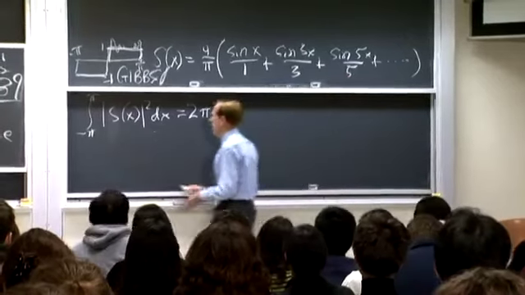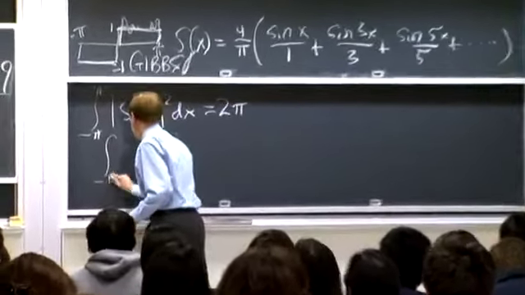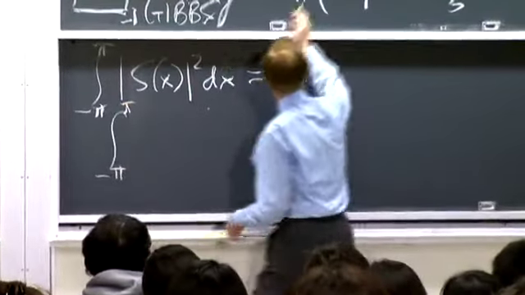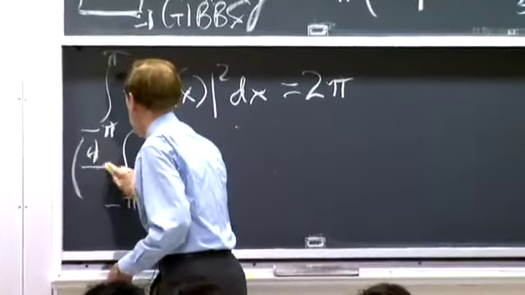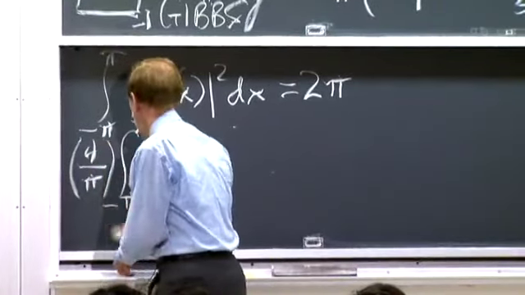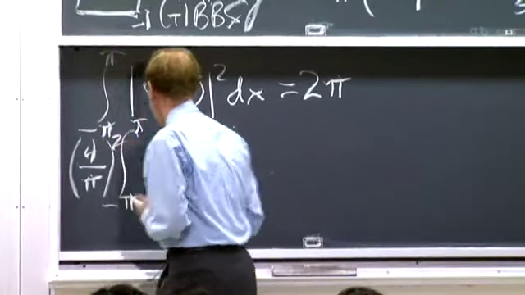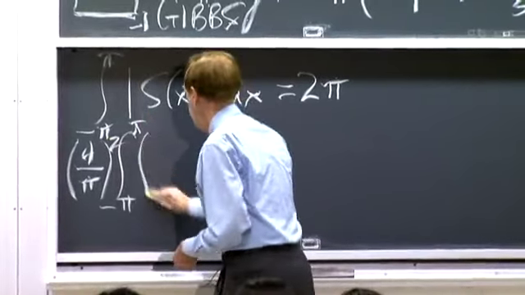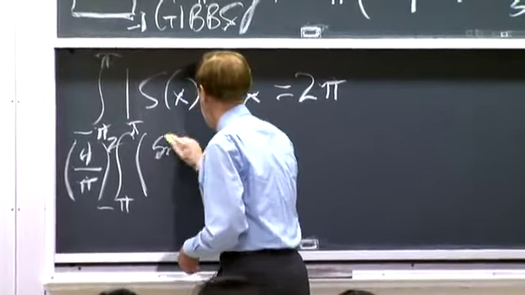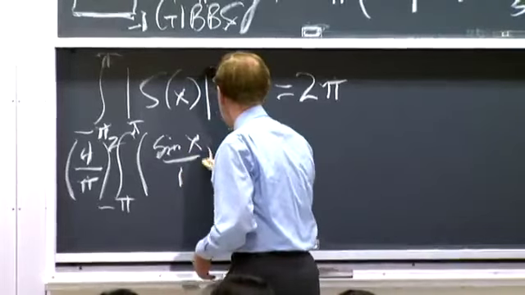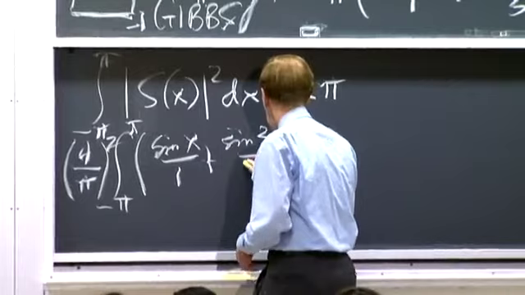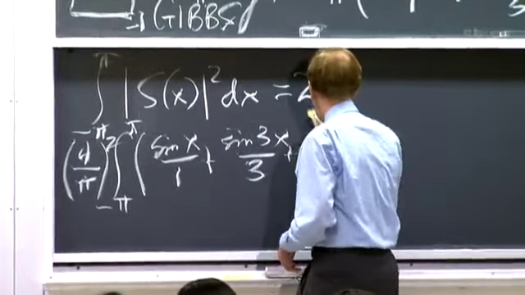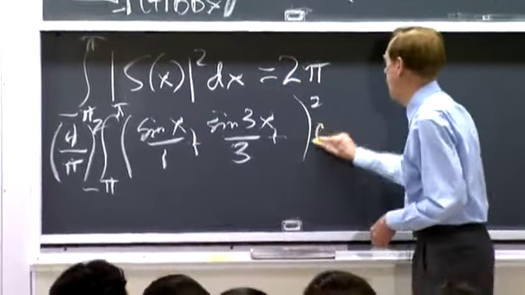So let me do that one here, the integral from minus pi to pi. May I take out the 4 over pi squared? Just so it's not confusing. Now this is sine x over 1, sine 3x over 3, sine kx over k, and so on, all squared, dx.